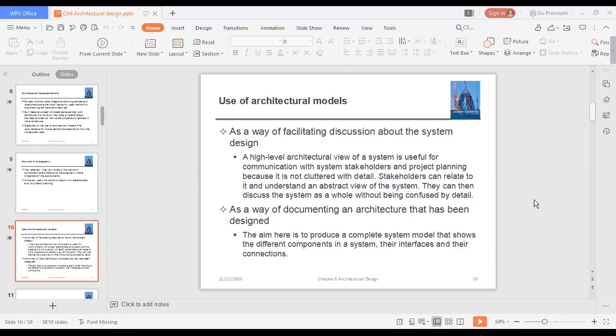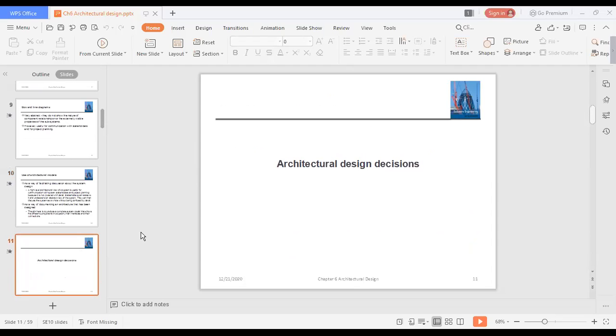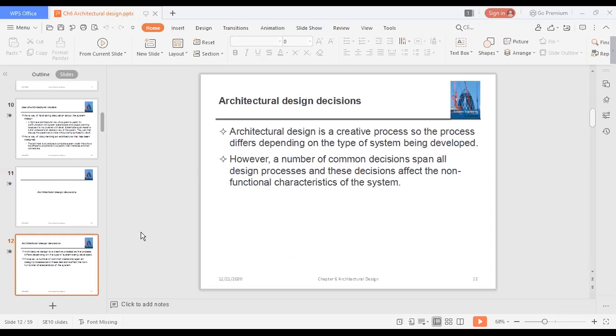Anyways, architectural design decisions: which things you have to keep in mind when you are creating an architectural design, which questions you have to ask yourself or find answers to. Let's check the decisions. Okay, so how will the system be distributed across the hardware cores or processors?